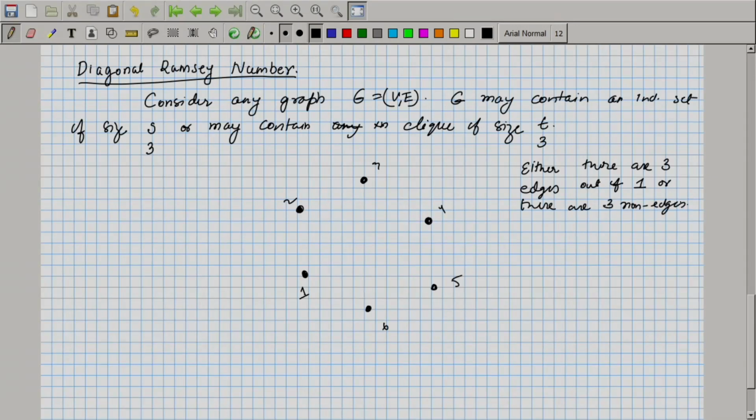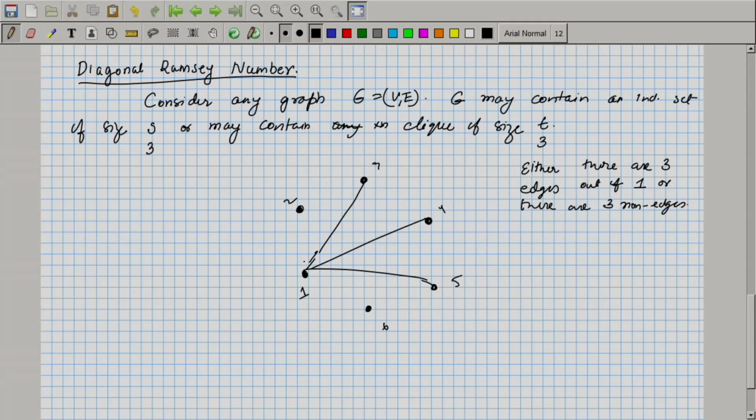This is because the total number of vertices is 5. Okay. So, the number of edges plus the number of non-edges is going to be 5. So, one of those numbers should be at least 3. So, let us without loss of generality assume that there are 3 edges. The non-edges case is exactly similar, it is a symmetric argument.